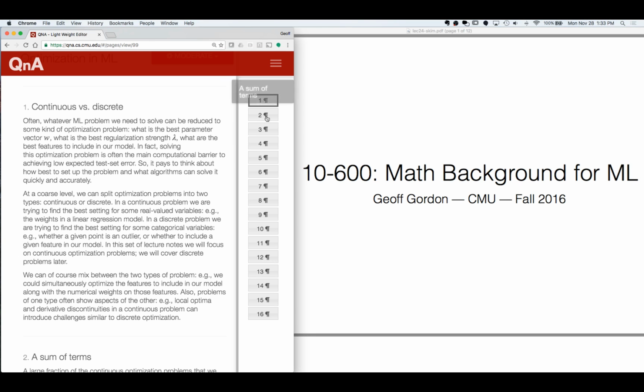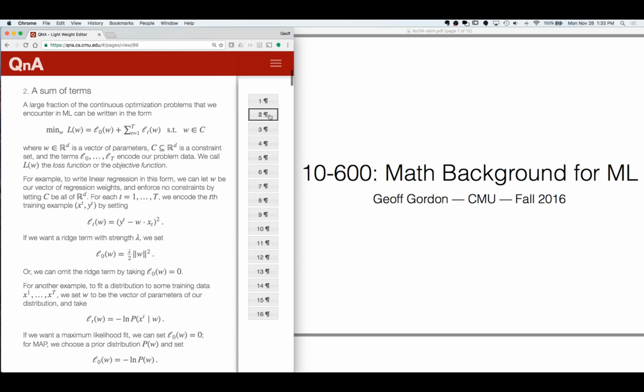So how do we set up the problem? One of the most common forms for an optimization problem in machine learning is this one right here.